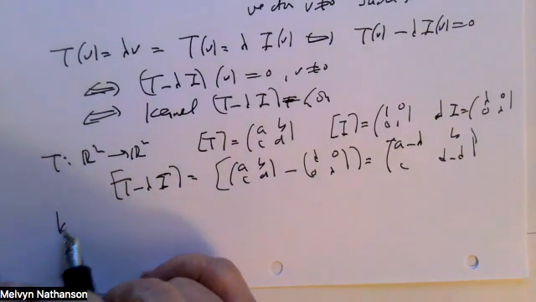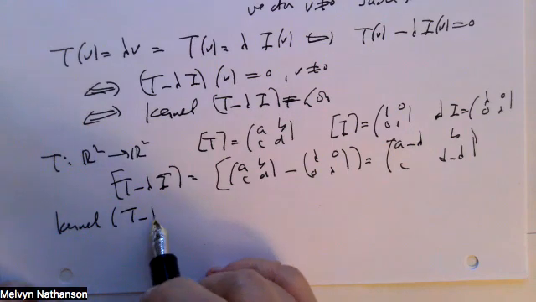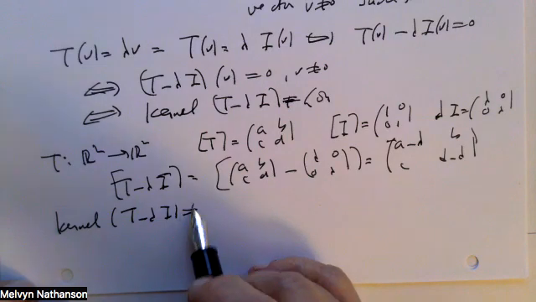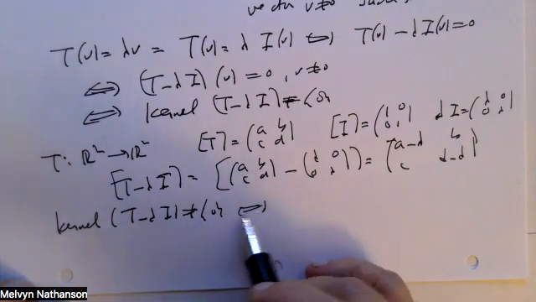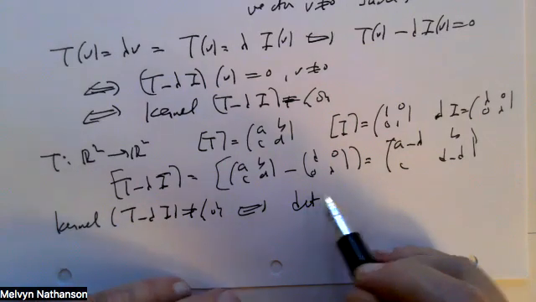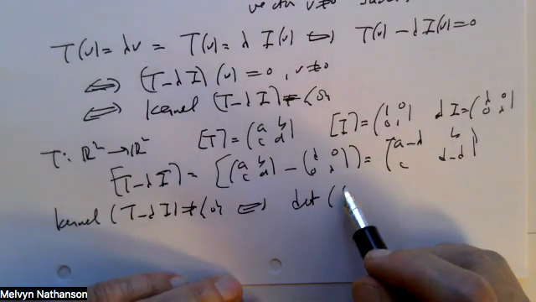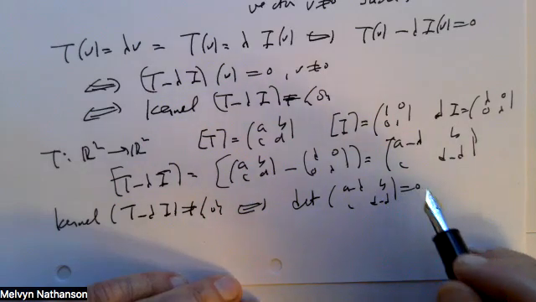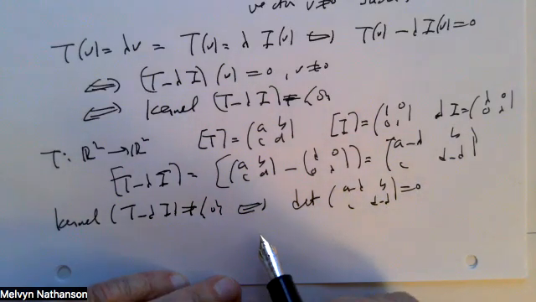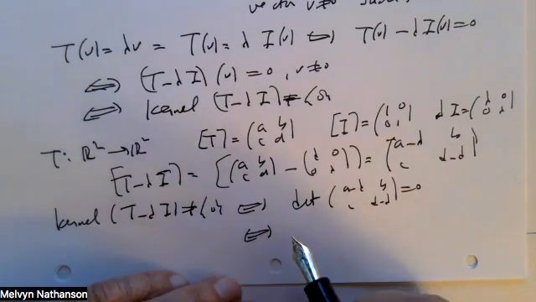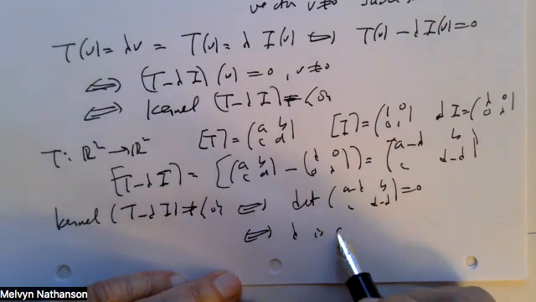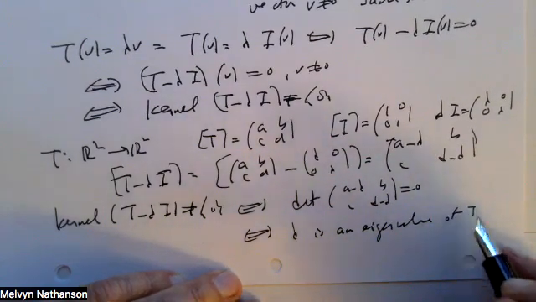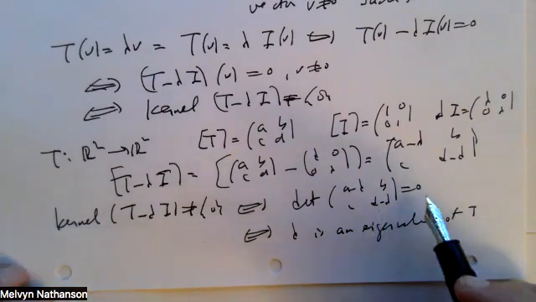So the kernel of T minus lambda I is not just the 0 vector if and only if the determinant of the matrix A minus lambda, B, C, D minus lambda is equal to 0. And this is exactly the same as saying lambda is an eigenvalue of T.